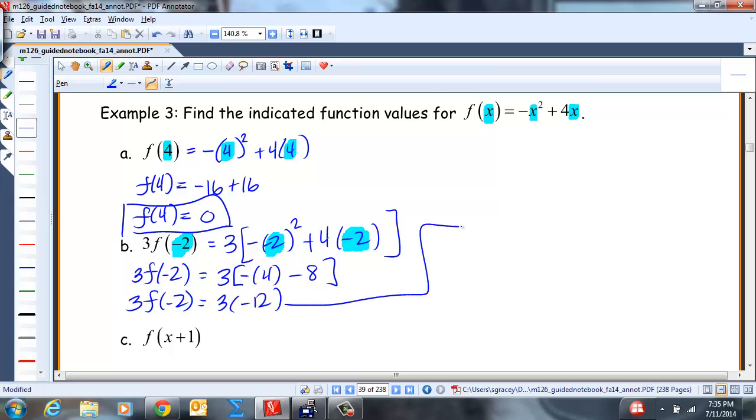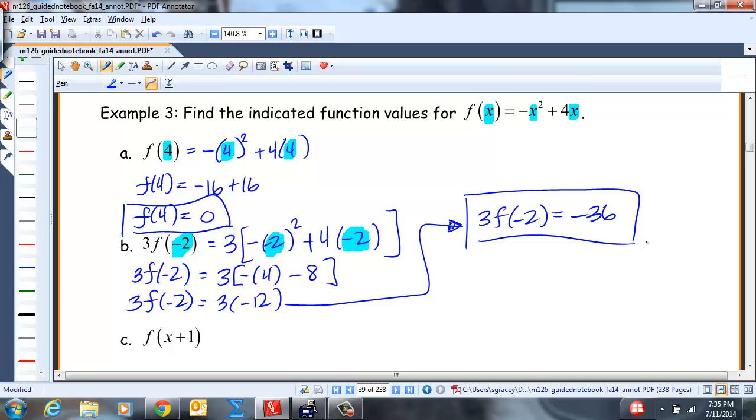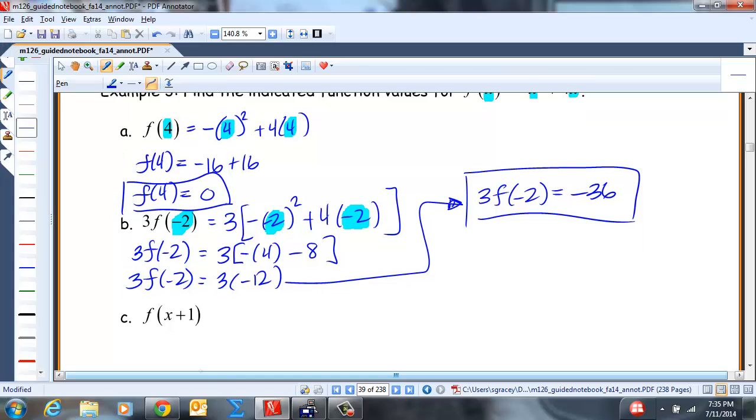So if we triple our function evaluated at -2, we will get -36. And you can always go and double check. When you square a negative, you get a positive, right? So that'll assign a negative here. You make sure you copied everything right. We did. Plus 4 times -2. We get -8. That's -12. And we get -36. Good so far?